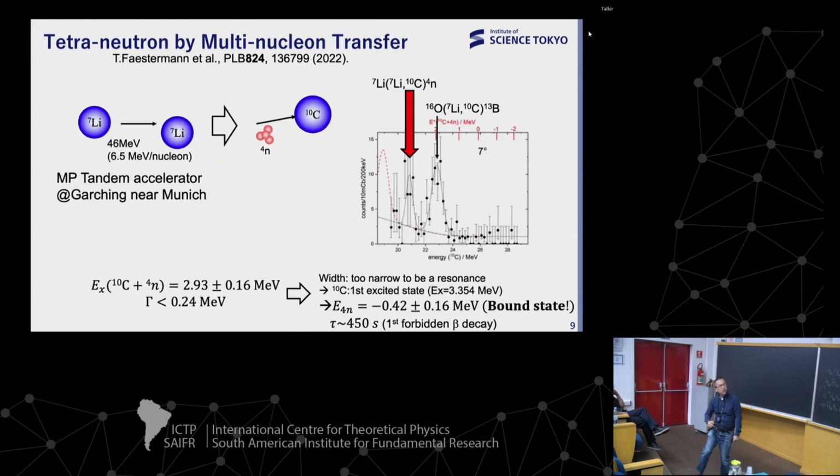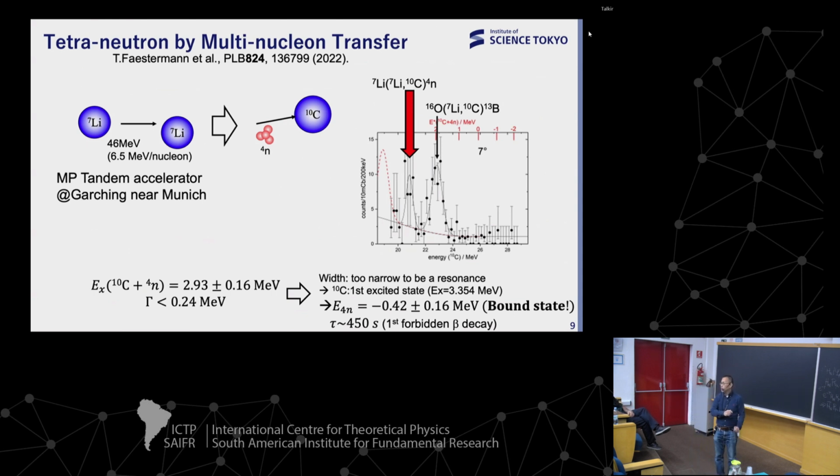And there's another one which was published in 2022, by Faestermann et al. This measurement actually uses not a radioactive beam but a stable beam, lithium-7 on lithium-7. The experiment was done at the tandem accelerator at Garching near Munich.